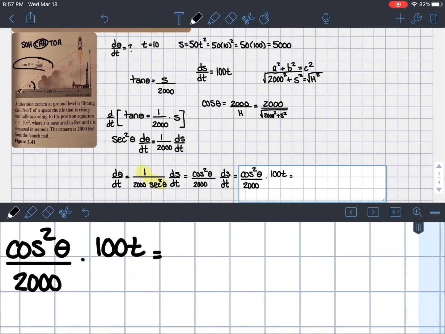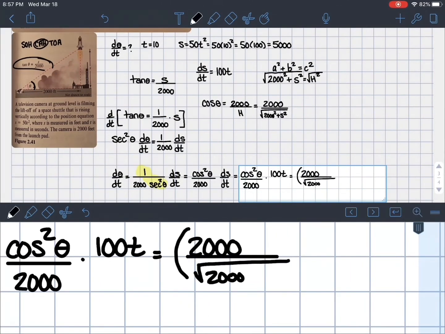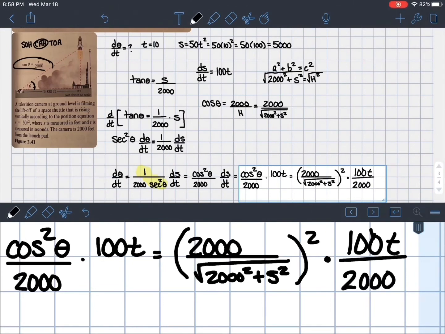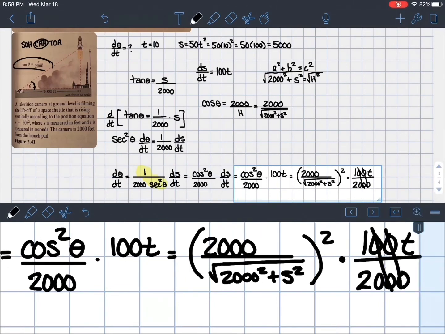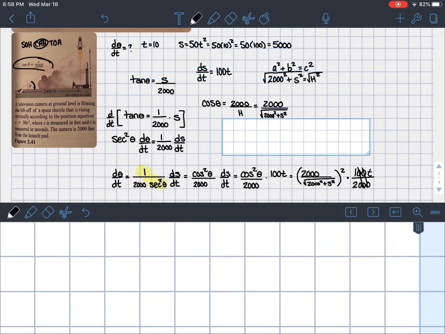Once we do that, we're going to be able to cancel a whole lot of stuff. It isn't going to look super pretty at first, but this is the kind of equation that we can just cancel out a lot before going into the calculation.